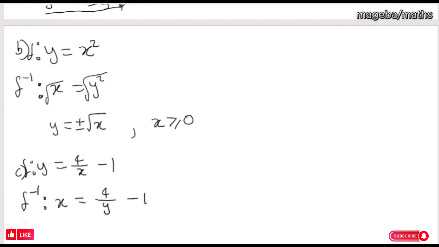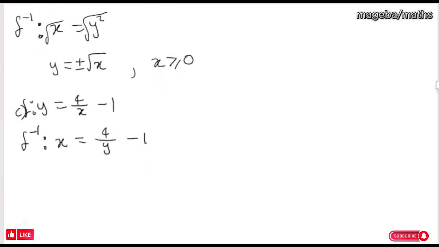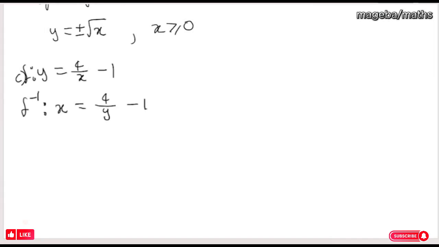Now remember, we need to make y the subject of our formula. How do you make y the subject of our formula here? Let's start by taking this -1 to the other side. So it's going to be x plus 1 is equal to 4 all over y. And then from here, this is over 1, so we can cross multiply here.